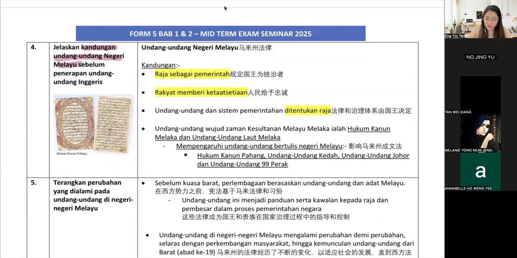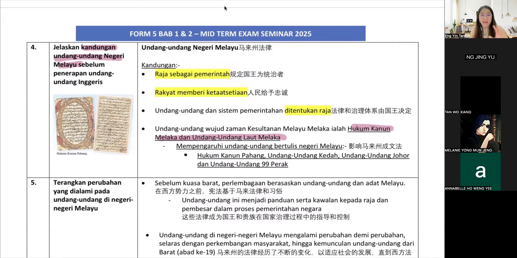Normally, I encourage students to memorize the Malacca law, because your Form 4 chapters talk about Malacca law, remember? Of course, if you want to memorize the rest of the Undang-Undang, you also can. And be careful. Sometimes the question asks, other than the Malacca law, which Undang-Undang Melayu was influenced by Malacca law?